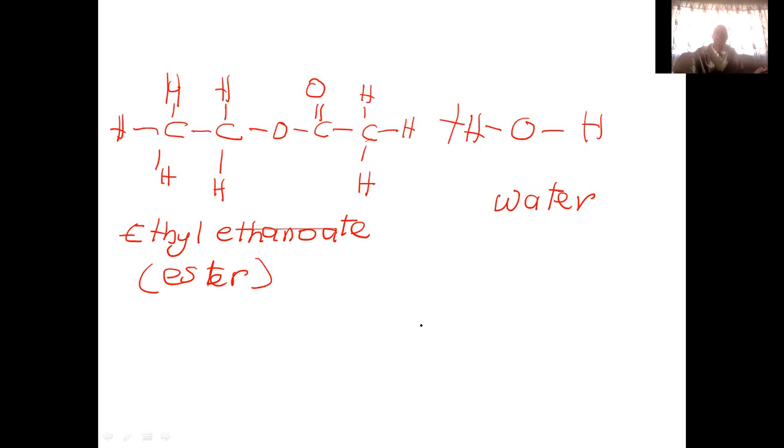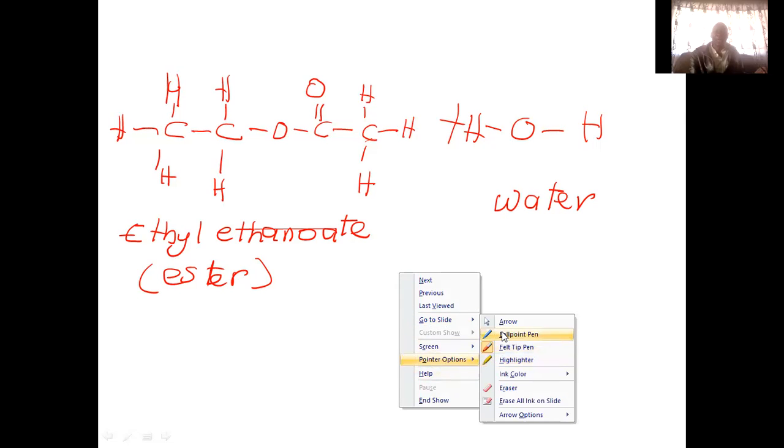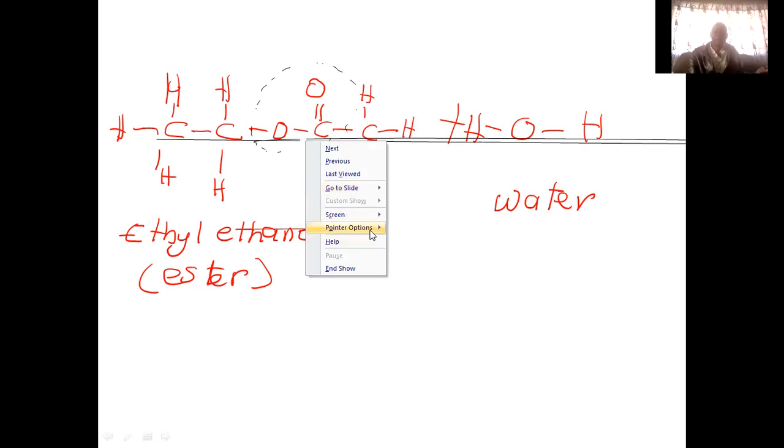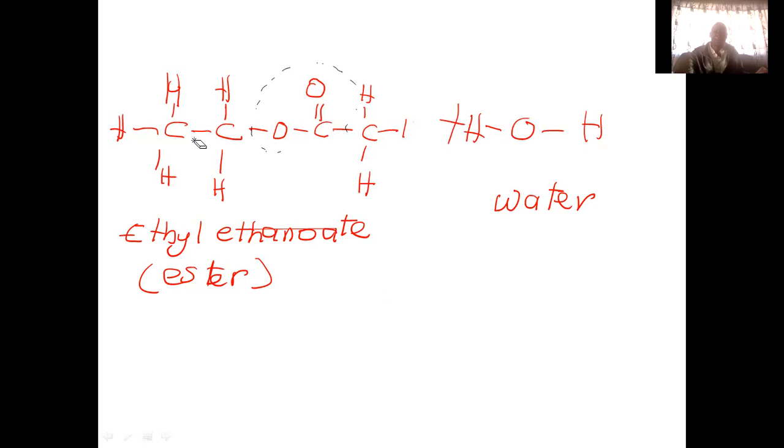Why is it an ester? Because it has an ester linkage. So the ester linkage is this one here. So here we had hydrogen. Okay.